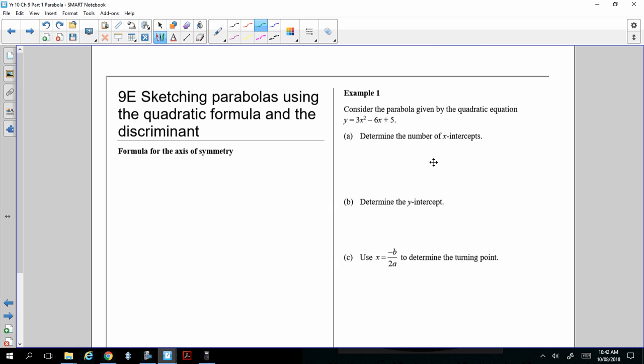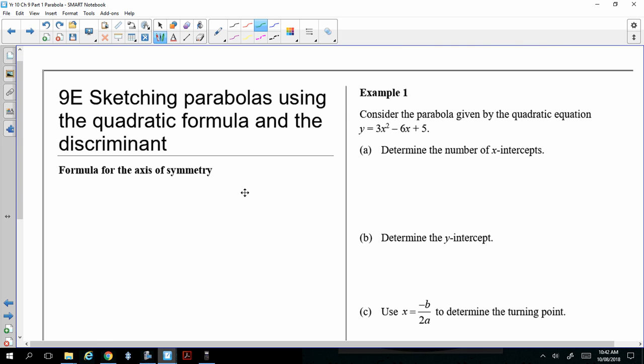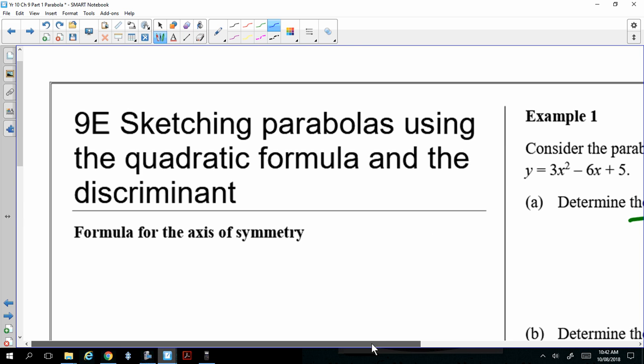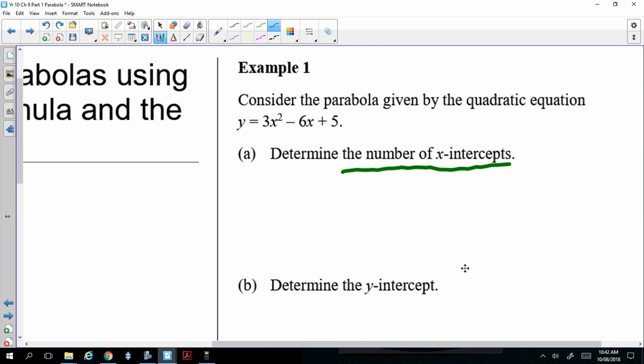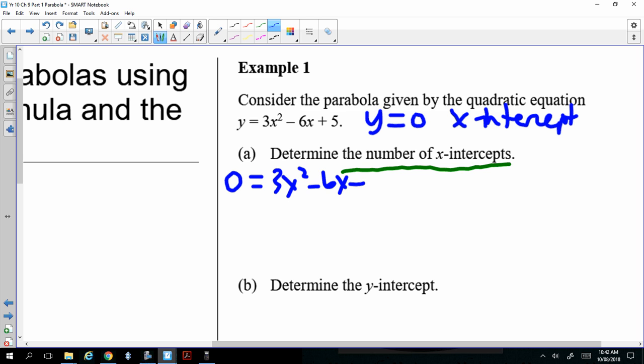The question says, find the number of x-intercepts. To find the x-intercept, you put y equal to 0. That's the x-intercept, right? And you put 0 equal to 3x squared minus 6x plus 5. And to find the number of x-intercepts, all you have to do is find the discriminant of this.